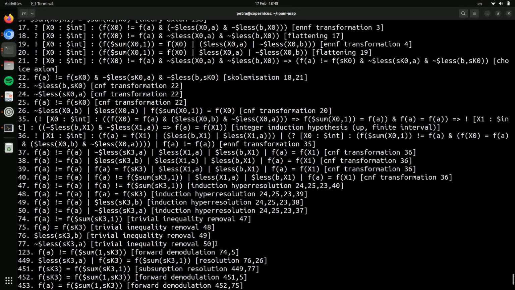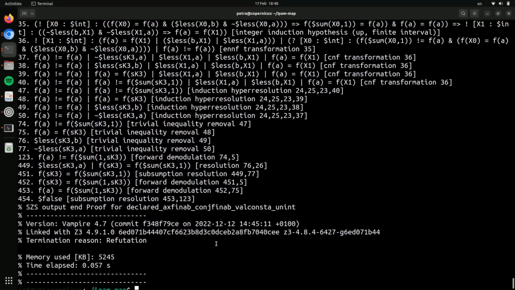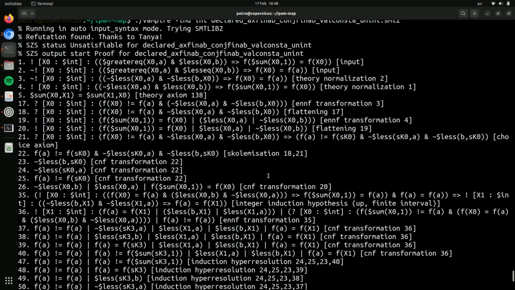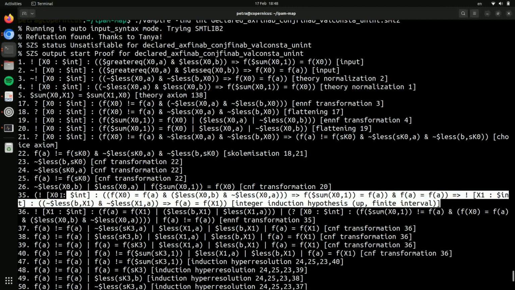And again, in under 1 second, Vampire produces this proof. And we can see that here we have the integer induction hypothesis that's upwards on a finite interval. And yes, I'm using a different notation. So here, instead of array A, I'm using a function A, which represents the value stored at the given point.